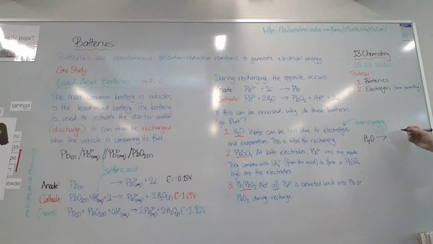The water molecules split up into ions, and the ions turn into molecules. So we end up losing water as the ions and then oxygen gas. So we lose water through electrolysis.